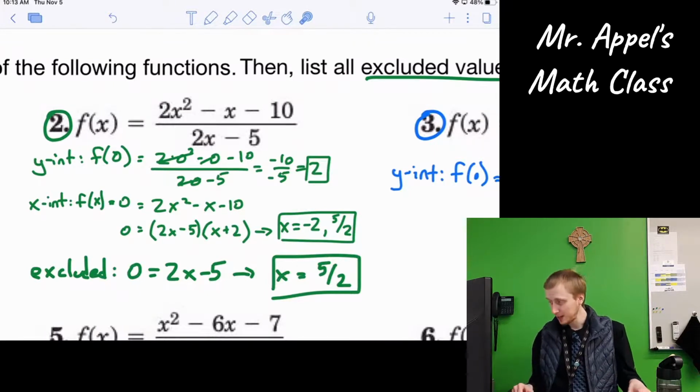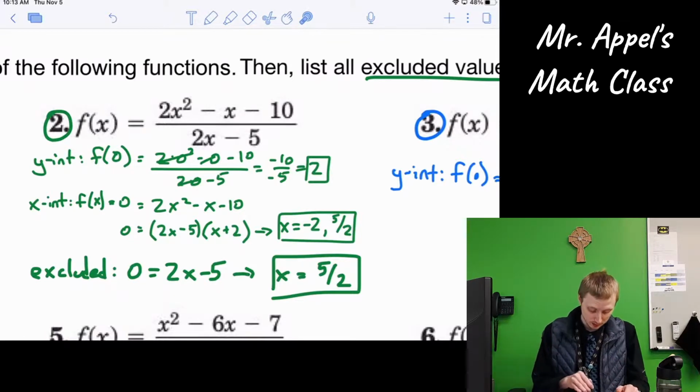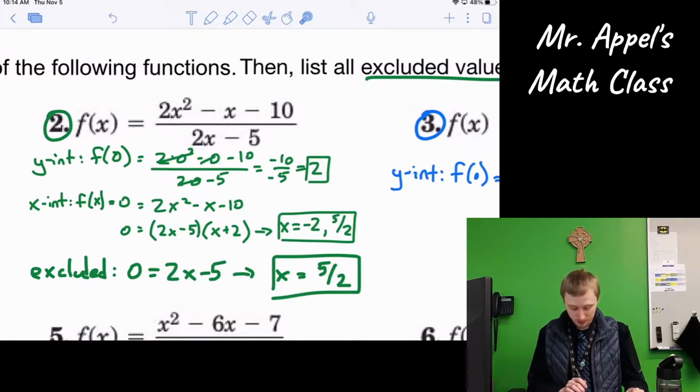When you're looking for the X-intercept, you factor the numerator. When you're looking for the excluded values, you factor the denominator, the bottom.